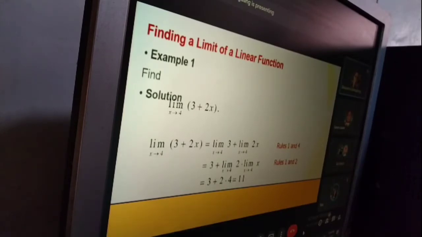So, example 1: find the limit of 3 plus 2x as x approaches 4. Okay, Lance, please read it again. Not "limited", Lance, just "limit". Find the limit of 3 plus 2x as x approaches 4. Read it straight through.